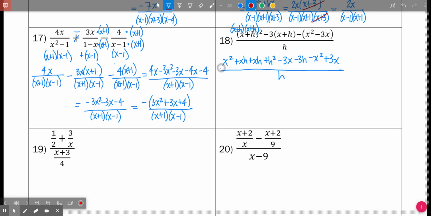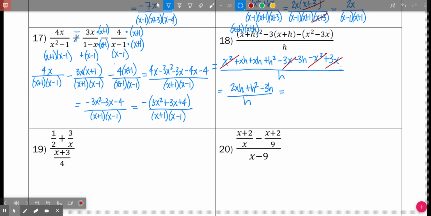So I have positive x squared, negative x squared. I have negative 3x, positive 3x. So now I have 2xh plus h squared minus 3h all over h.